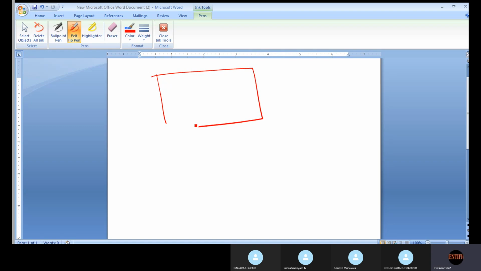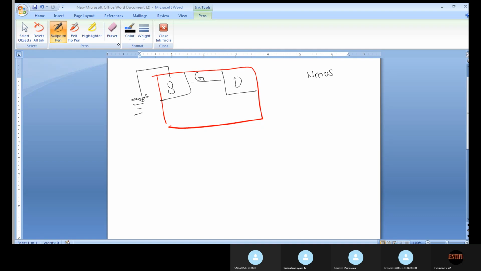Okay, so see here. With this figure only we can analyze. This is source, this is drain, and this is gate. Source is always grounded. I'm taking NMOS.